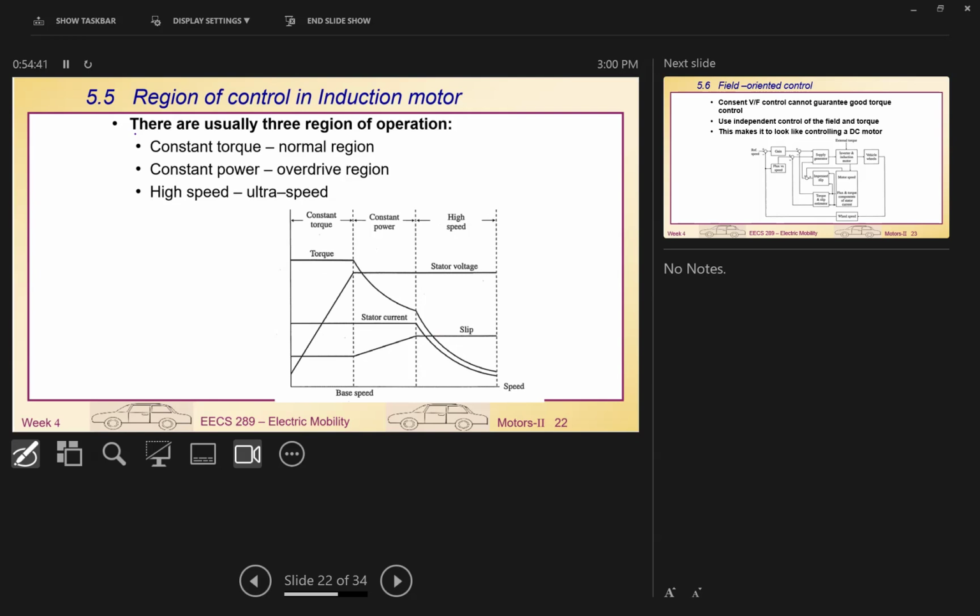What you can do is current control; you don't want the torque to be reduced, so you must try to keep the same current. Then the rating of the motor, voltage and current, is unchanged, so the motor power will not increase any further.